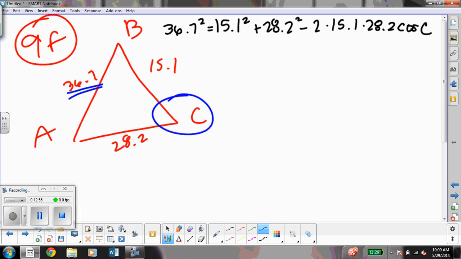I can do some evaluating. 36.7 squared is 1,346.89.